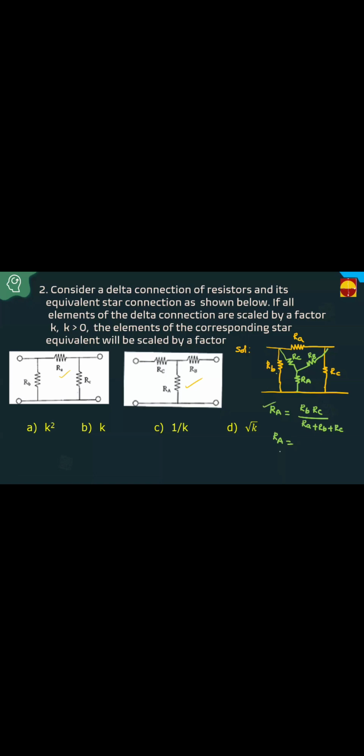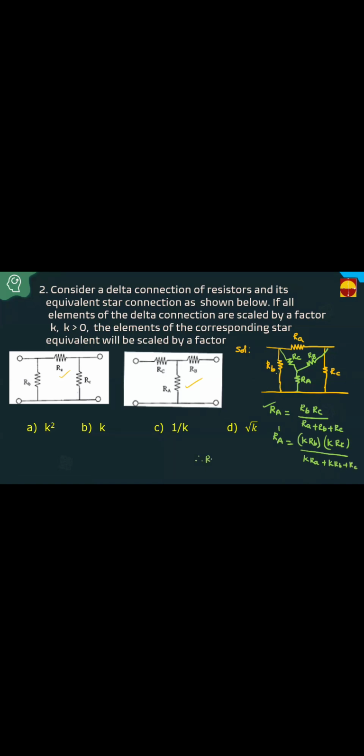This is the star connection resistance. Now in the delta connection, each element is scaled by a factor of k. This I am writing: this is RA dash, kRA plus kRB plus kRC.